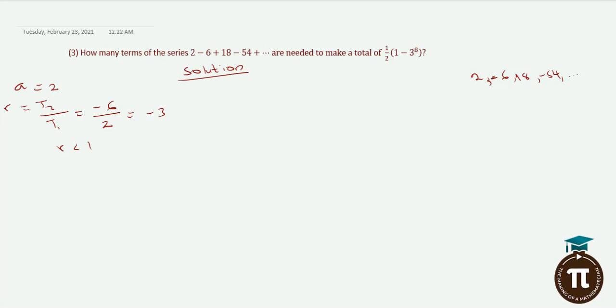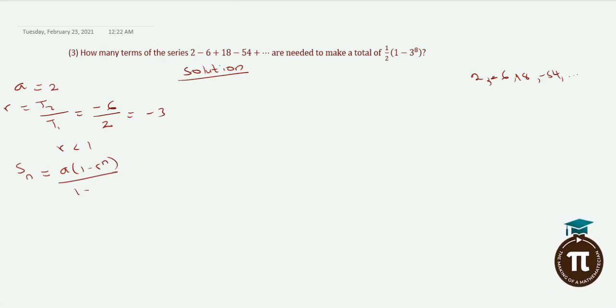So I have Sn, that's for a GP, is equal to A open bracket 1 minus R raised to power n all over 1 minus R. That is the formula I'm going to use. And they say how many terms. We are looking for n. And we have all other things given. So Sn itself, we know what Sn is.